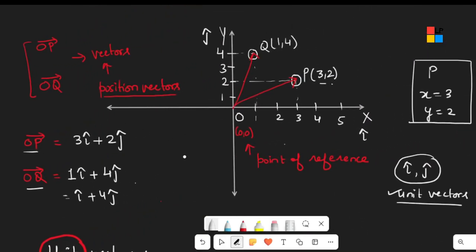The OP vector is a position vector. Its direction is in the plane of xy. I cannot say that the OP vector is only in the x direction or y direction, because it has components along the x-axis and y-axis. So the OP vector here is in the xy plane, and the OQ vector is also in the xy plane.